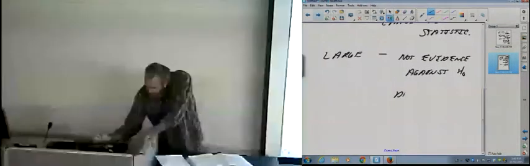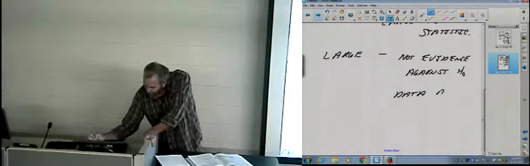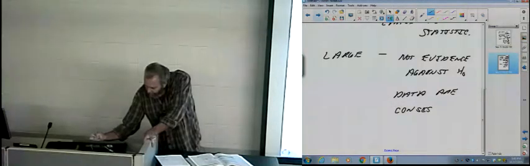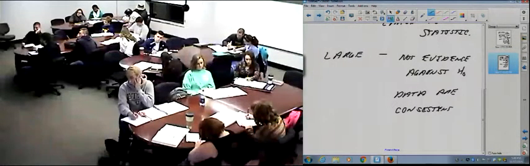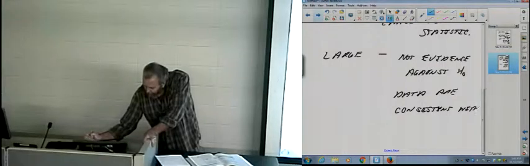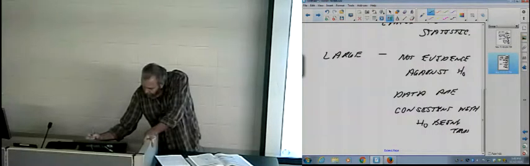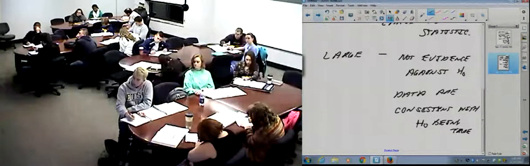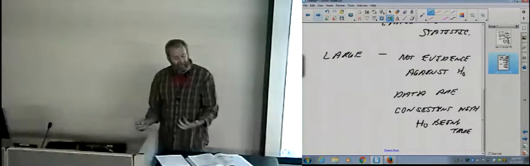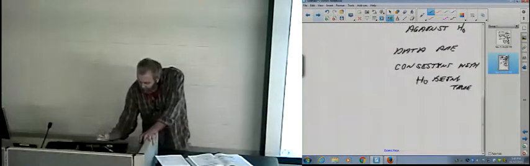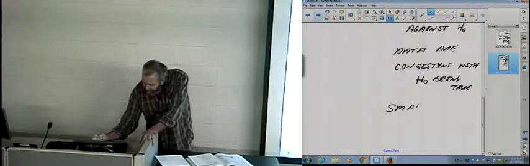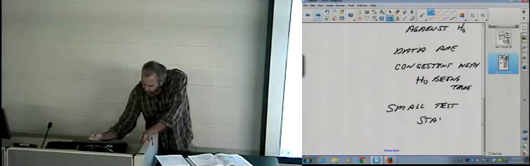The data are consistent with H naught being true. Now, that's the same thing I wrote about a small test statistic, a small z-score.